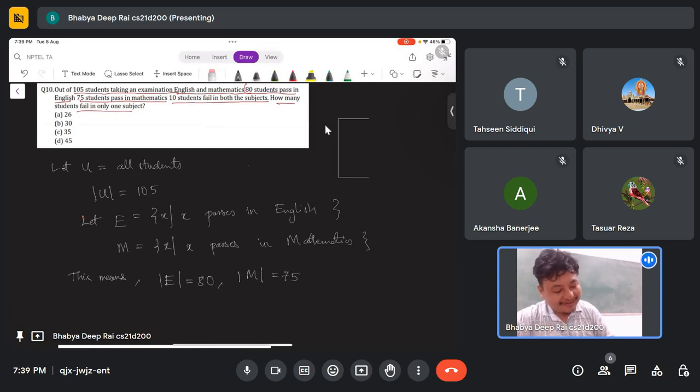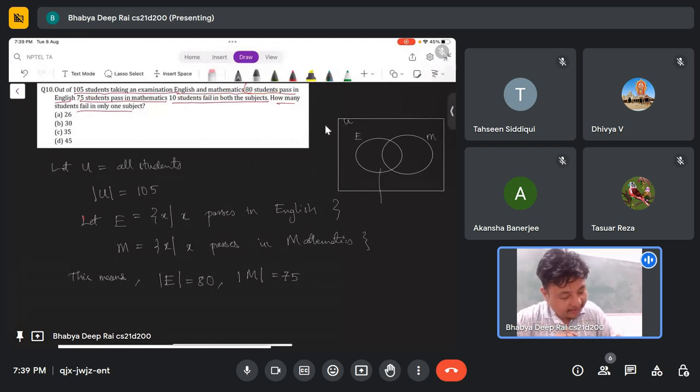Let's see. So this is my Venn diagram. This is for English and this is for maths. These are students who pass in English. These are students who pass in maths. This is the universe of all students. Now, how many students here? 80.